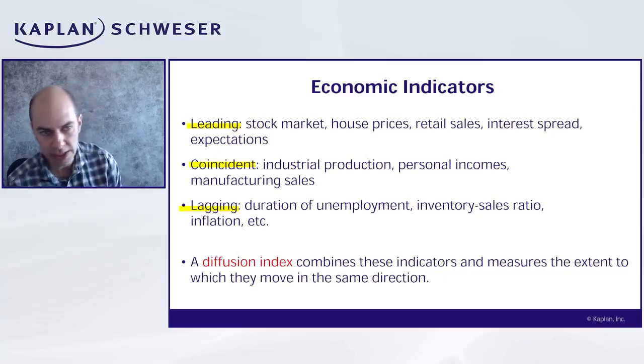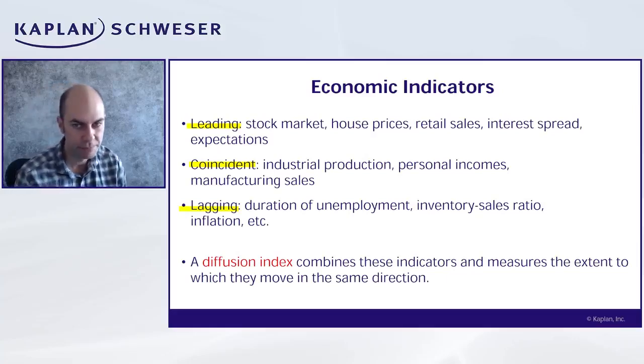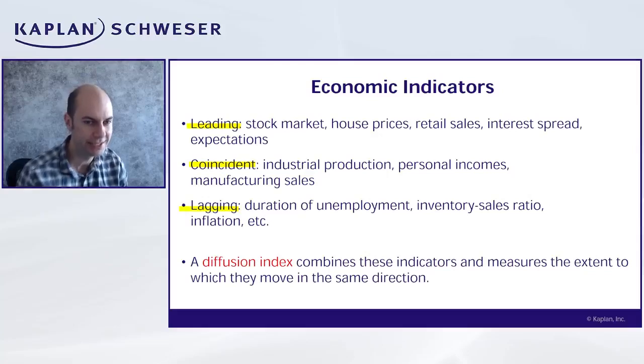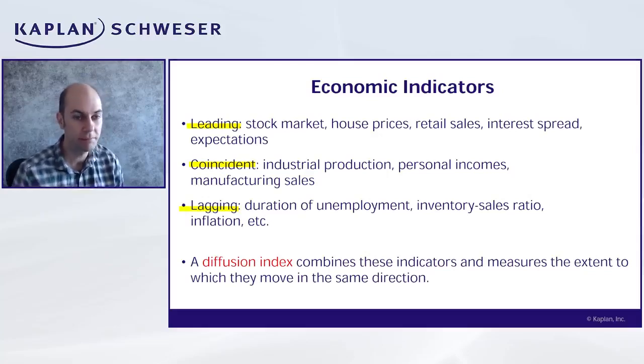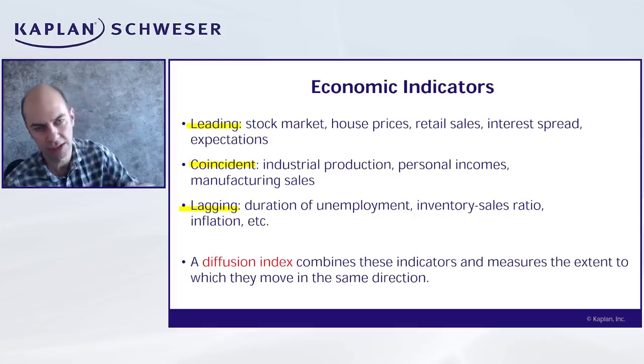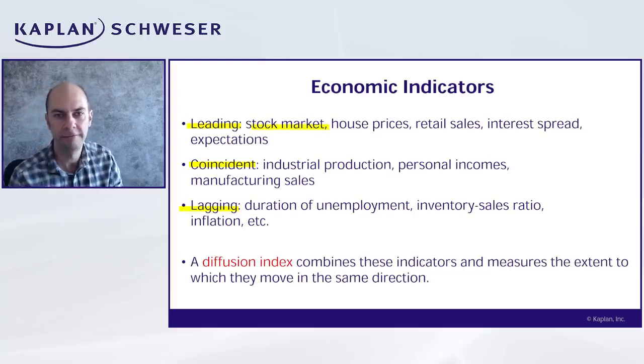So your leading indicators are indicators that are going to tell me something about the economy ahead of the event, right? Ahead of the turning point. And here a good example I would say is the stock market, because the stock market is a forward-looking indicator, right?